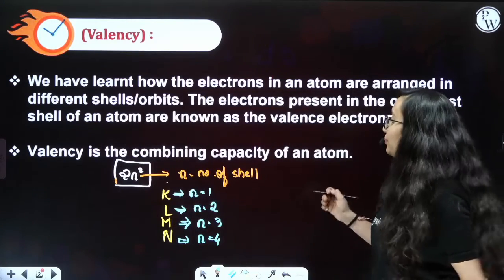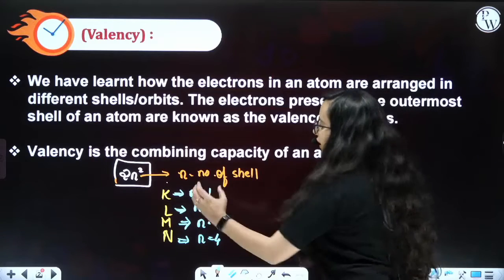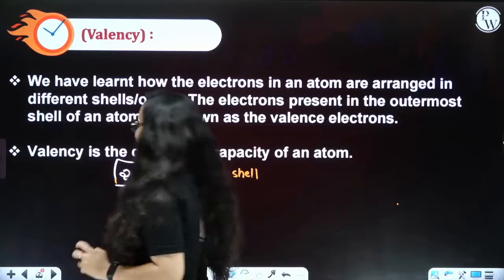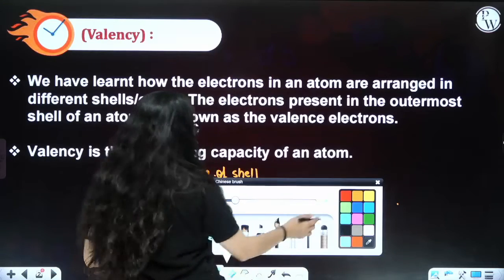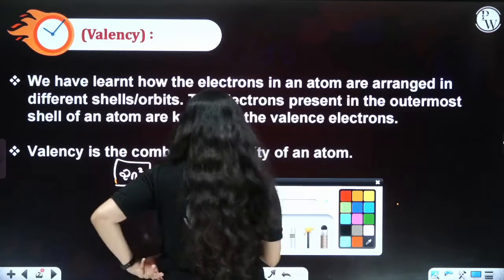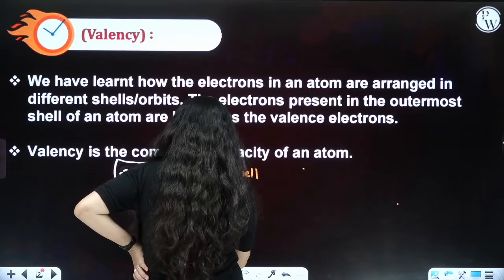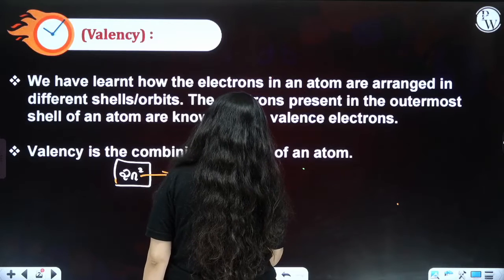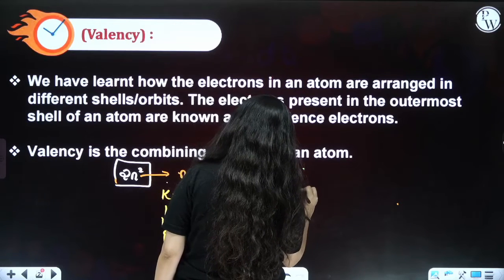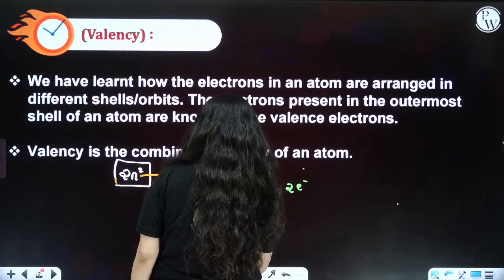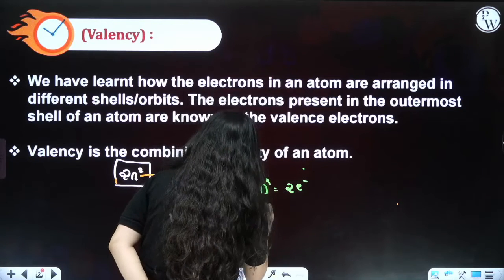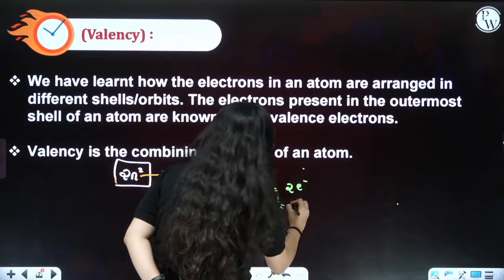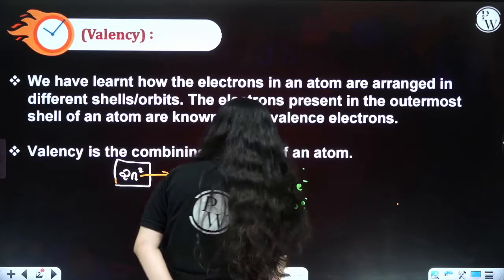So if you put these values in the 2n square formula, what do you get? 2 into 1 square is how many electrons? 2 electrons. Yes. For n equal to 2, 2 into 2 square is 4, so that is 4 into 2 is 8 electrons.